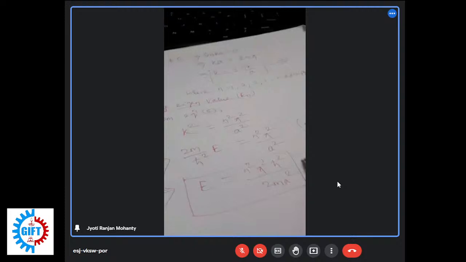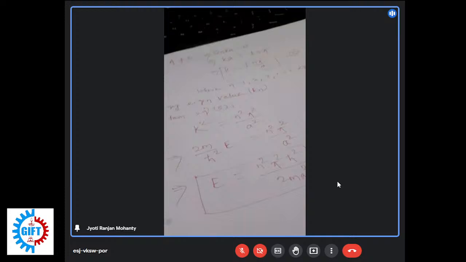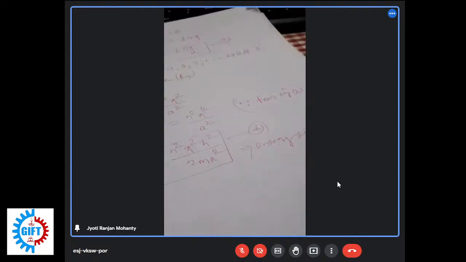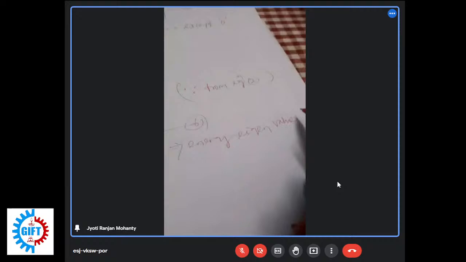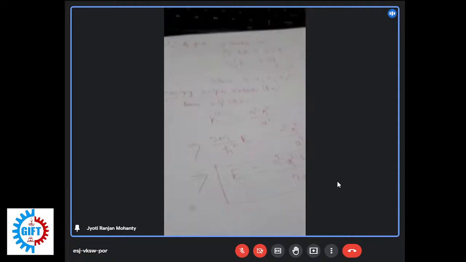This equation 6 represents the energy eigenvalue. What is the formula for energy eigenvalue? E is equal to n square pi square h cross square by 2m a square.